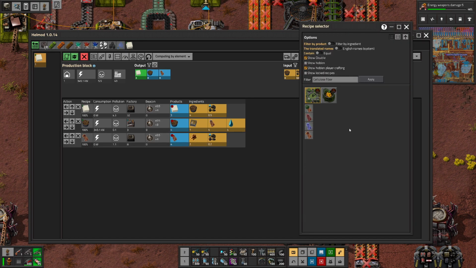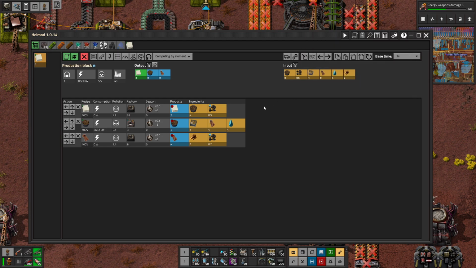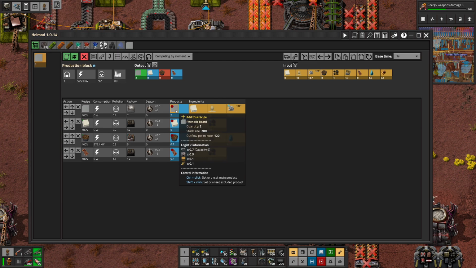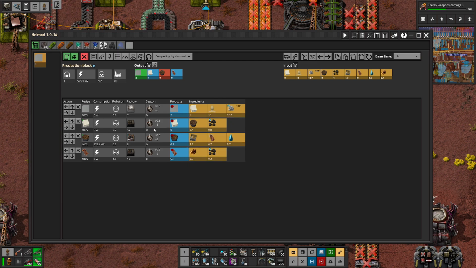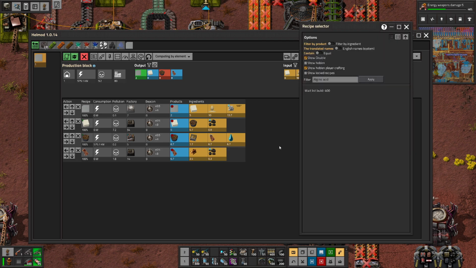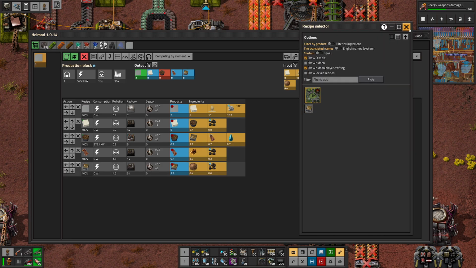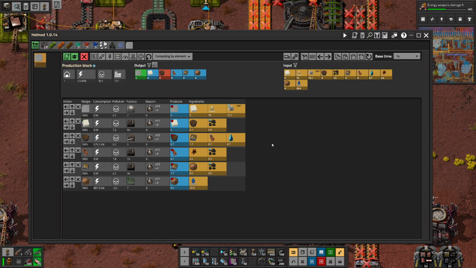I can make cellulose fiber from wood. Phenolic board. Yeah, that's what we're ultimately going to do. Alginic acid. It comes from brown algae. Brown algae comes from that.